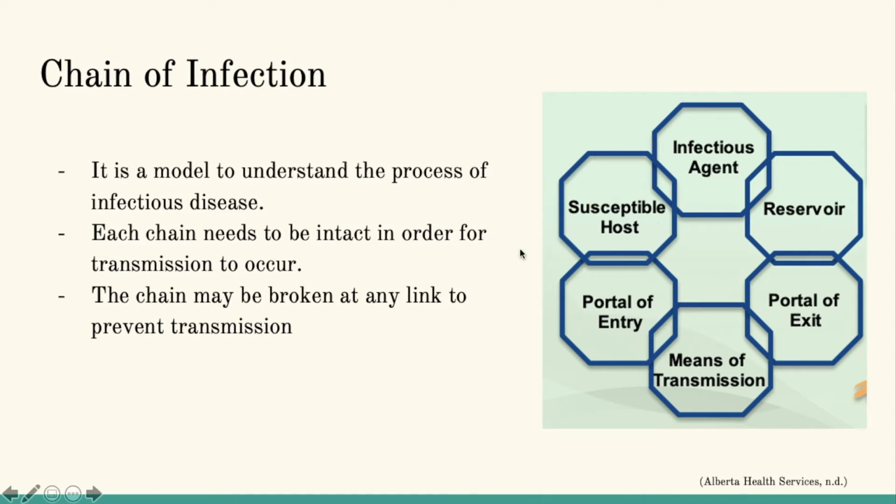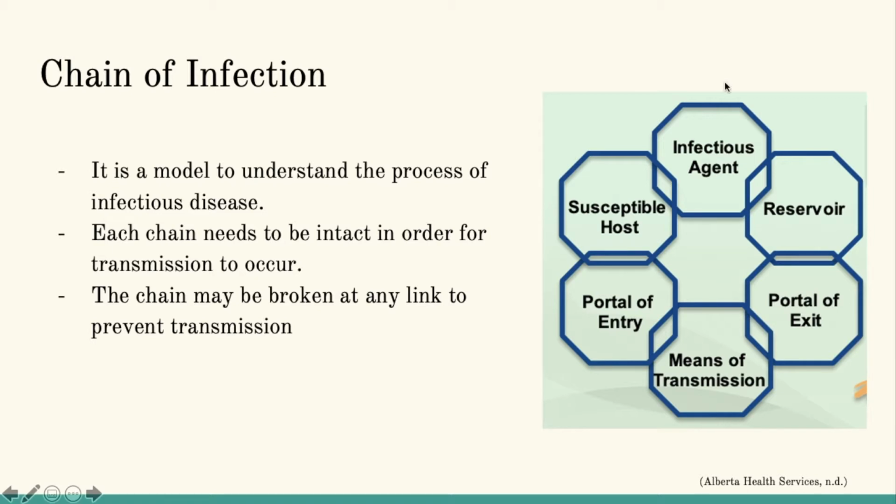So the chain of infection, what is it? It's a model to understand the process of infectious disease. Each link needs to be intact for transmission to occur, and the chain may be broken at any link to prevent transmission. So each of these links needs to be intact in order for someone to get an infection.